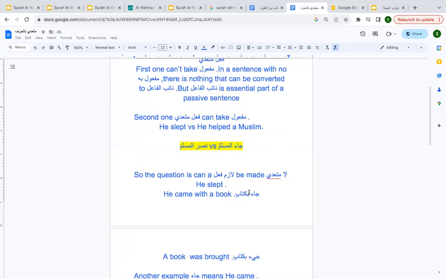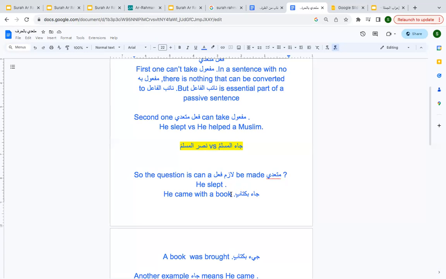I will have to add a harf. With the book, I will have to add that "with" in Arabic too. So what is the translation for with? With can be translated as bi, right? Ja'a al-muslimu bi kitabin. The Muslim came with a book.